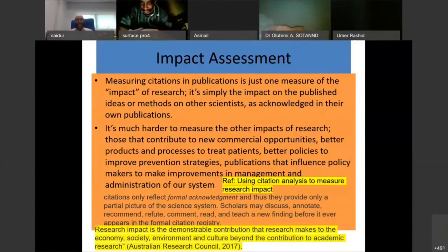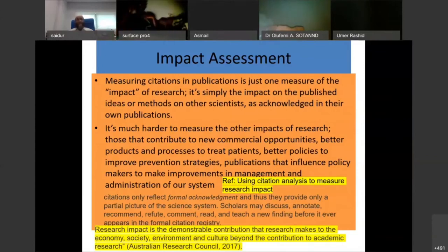According to the Australian Research Council, research impact is the demonstrable contribution that research makes to the economy, society, environment, culture beyond academic research. So actually, my focus is more on academic impact assessment. If you ask the question, my answer is that I am more focusing in today's presentation, and that is also my experience, on academic impact.